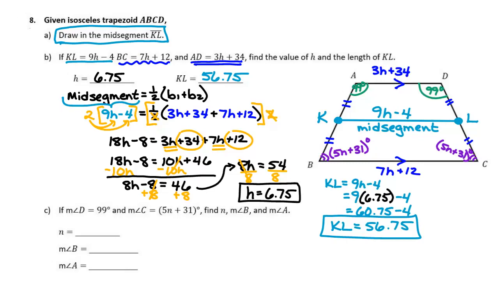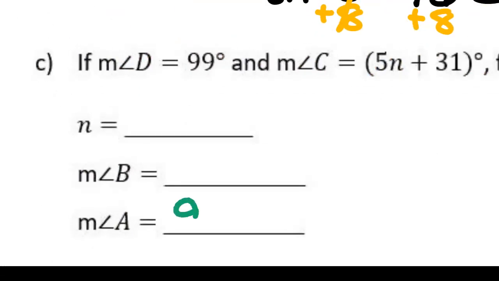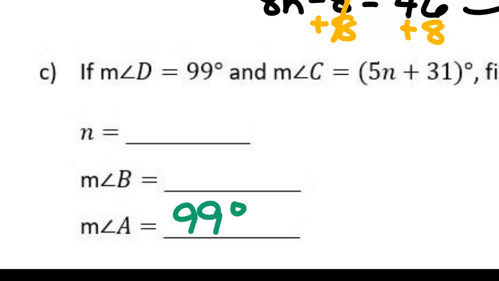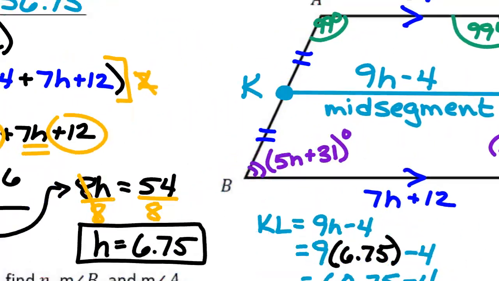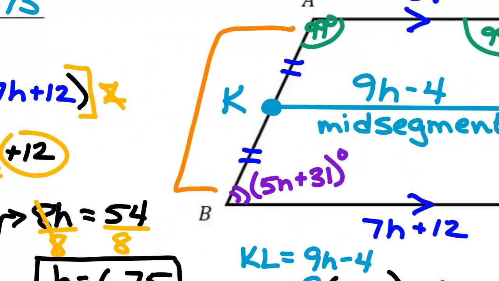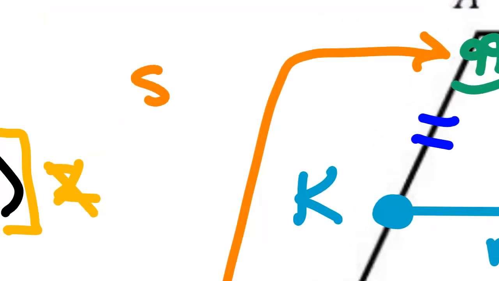So I can come down here and answer the very last question. Angle A, we know, is 99 degrees because that's congruent to angle D. To find n, I have to make use of what I know about my non-base angles. Remember, the non-base angles, so A and B, are supplementary.